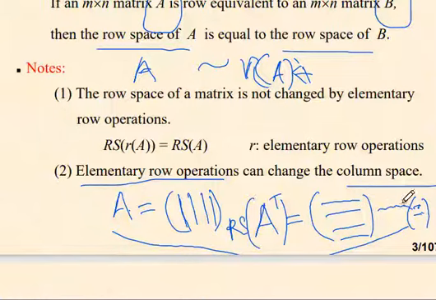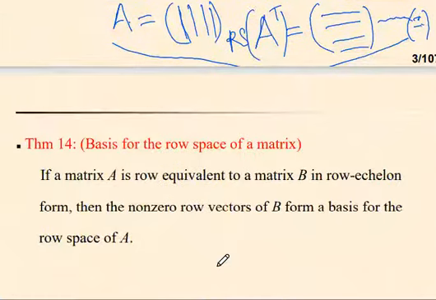Then do your row operations and find that the row space of transpose of A is equal to the row space of the reduced one. Then the row space of this is the same as the column space of A. Let's do a couple of examples.